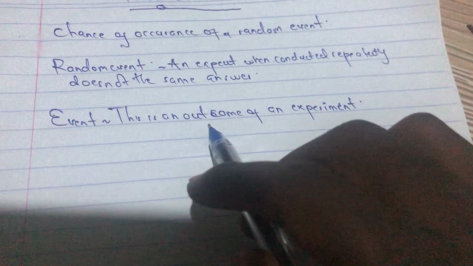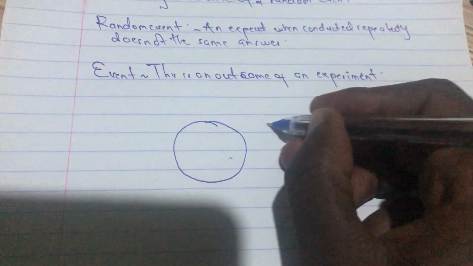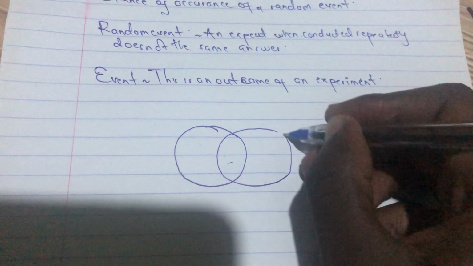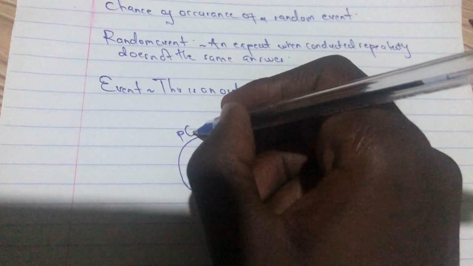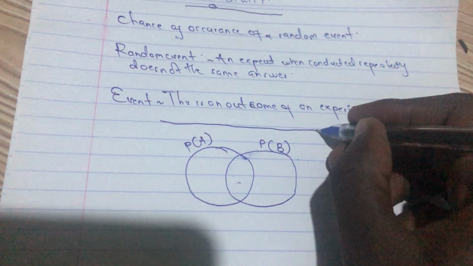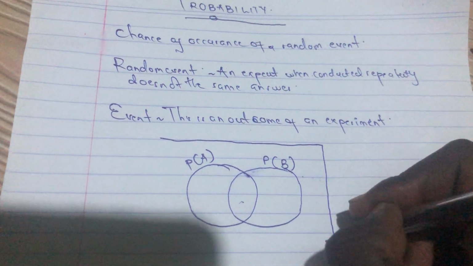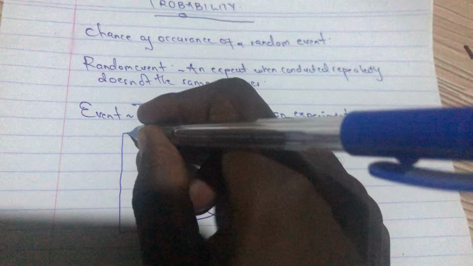And to understand these events, I'll draw a Venn diagram that will illustrate the meaning of these events, while also giving you examples. So this is probability of maybe A, and probability of an event B. Probability of A may be, if I have a coin, the heads, and B will be the probability of a tail.